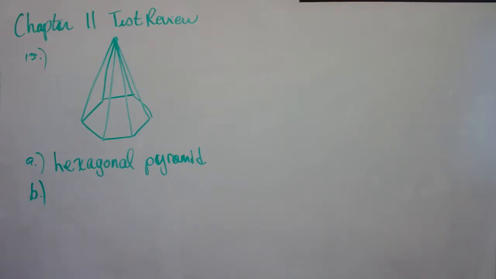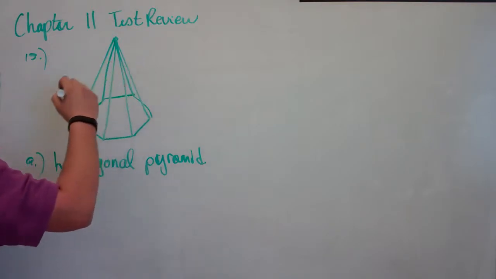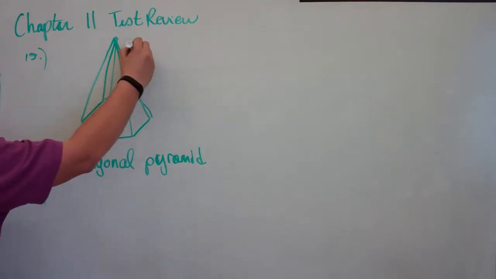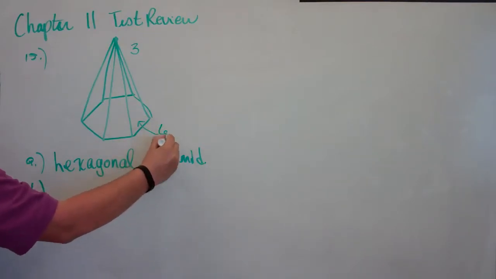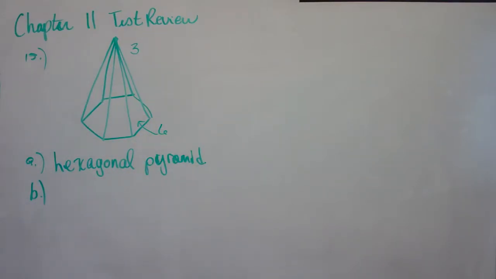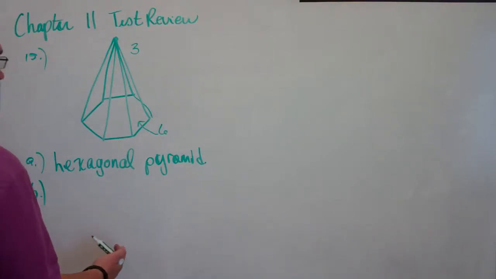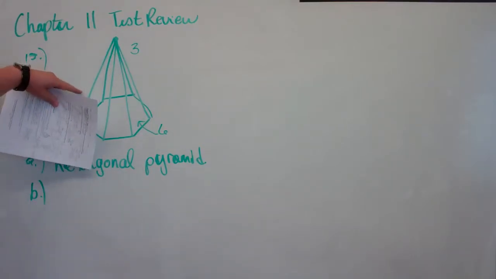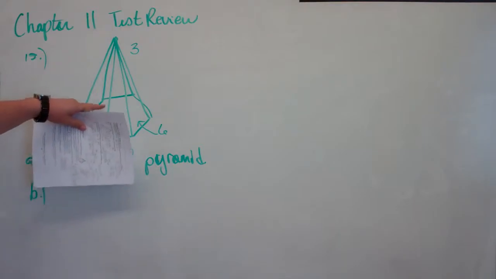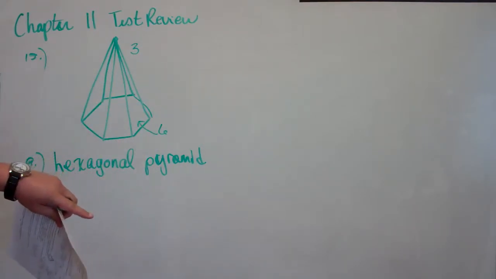Letter B. It says if each of these triangles here has an area of 3, and the base here has an area of 6, what is the surface area of the pyramid? Well, the 1/2 perimeter times slant height gives us the lateral area. We know that one of these triangles is 3 and we have 6 of them.